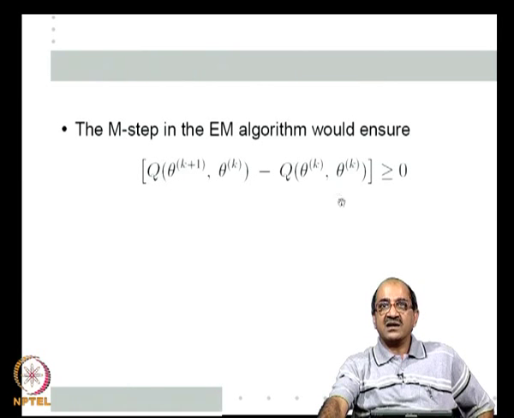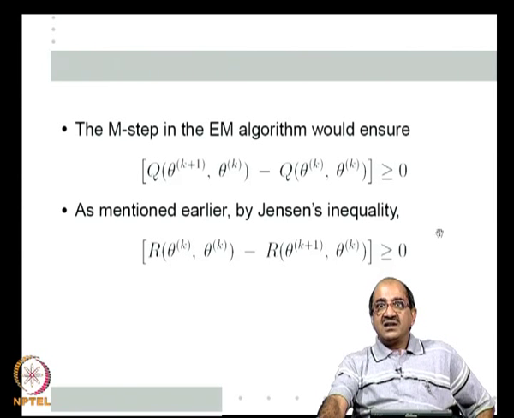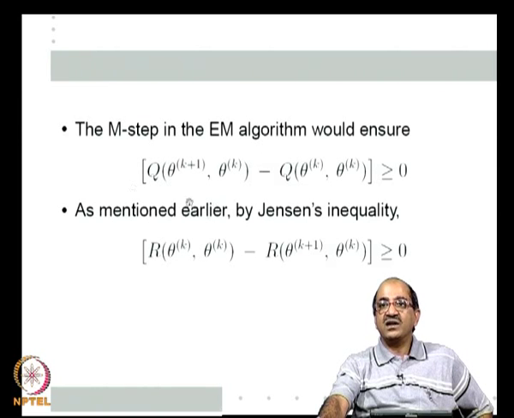So, in particular, the starting point was theta k, my ending point theta k plus 1 should be at least as good or better. So, q theta k plus 1 theta k minus q theta k theta k is greater than or equal to 0. Jensen's inequality, as we have just now shown, shows that r theta k theta k minus r theta k plus 1 theta k is greater than 0, unless theta k plus 1 equals theta k, which will happen only if we can't improve q any further.